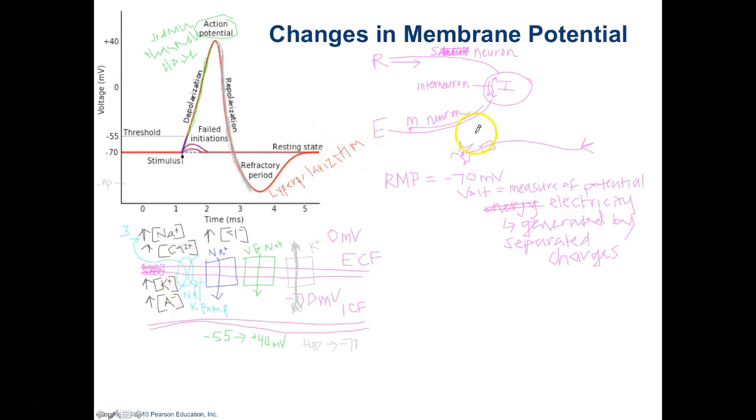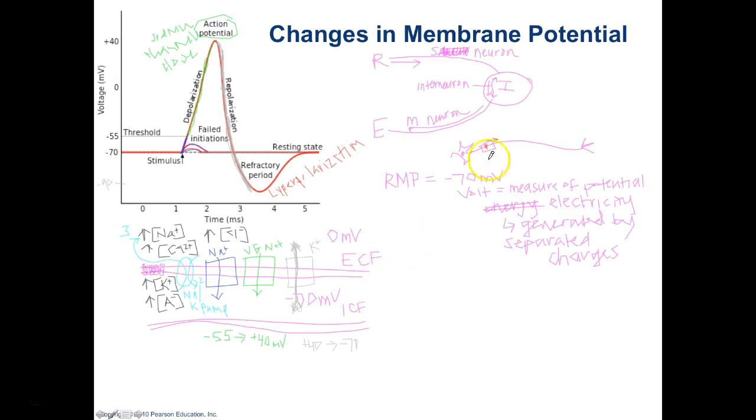And this ensures that this area here that our action potential's happening at, it's going to send the impulse in this direction so that we can't go backwards. Our impulse will not go back to the cell body. It's going to continue to move in one direction, okay? All right, do I need to mention anything else here?